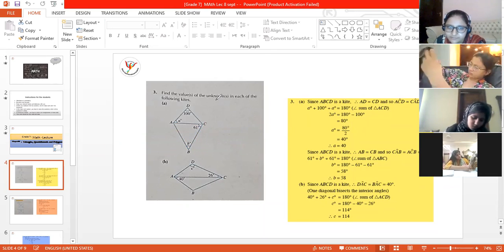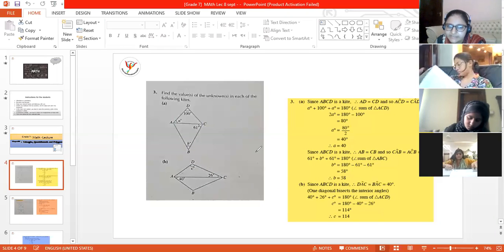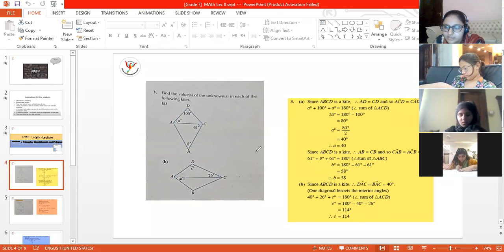Yes, exactly, Ishan. Tilt your book so that you will be able to see the kite shape. Now, I hope it is clear that ABCD is a kite. Everyone, can you see the kite shape properly now? ABCD. Okay.